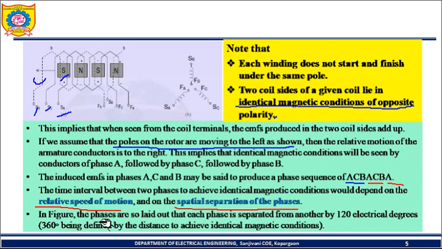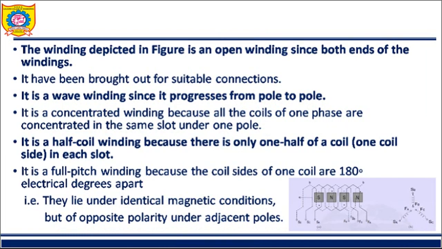If you look at the figure, the phases are laid down so that each phase is separated from one another by an angle of 120 degree. So here there is an angle of 120 electrical degree. Concept is clear?